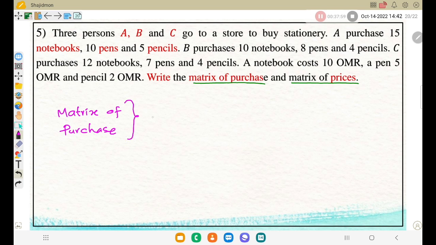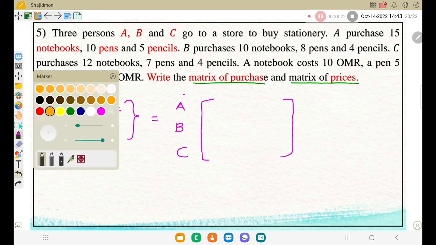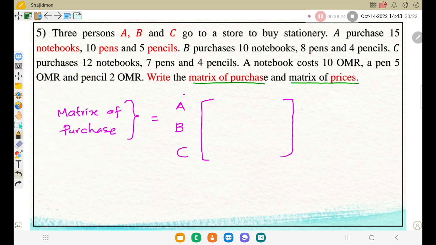Matrix of purchase equals, what matrix can we form? So, the purchase matrix only. How many persons are there? We have 3 persons, A, B and C. So the persons we write row wise: the first row for the first person A, the second row for the second person, and the third row for the third person.